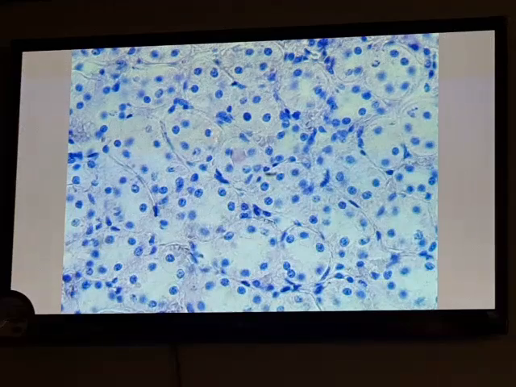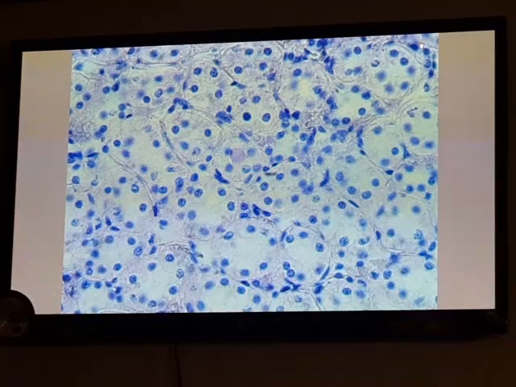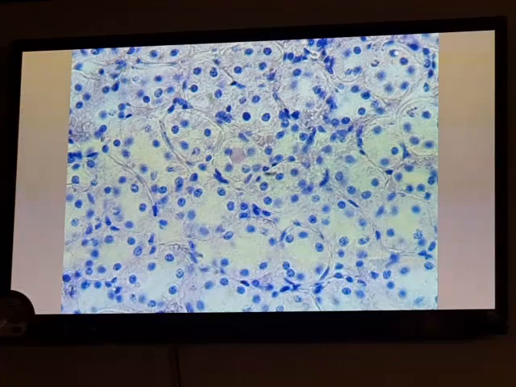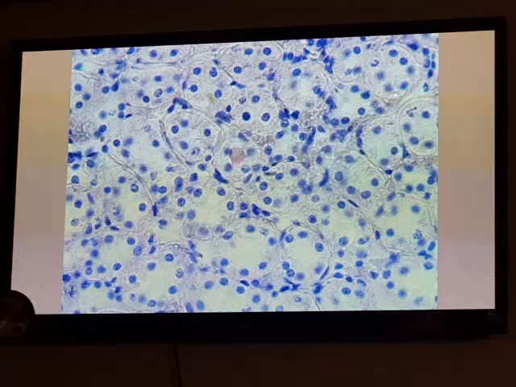The thick segment is similar in structure to the distal convoluted tubule. This is the thick segment of Henle's loop.